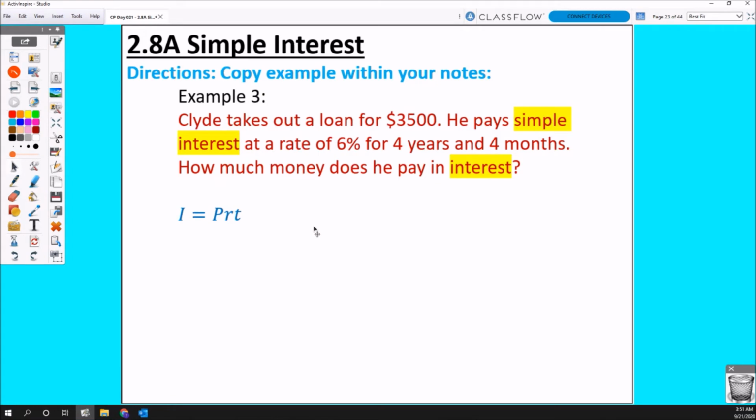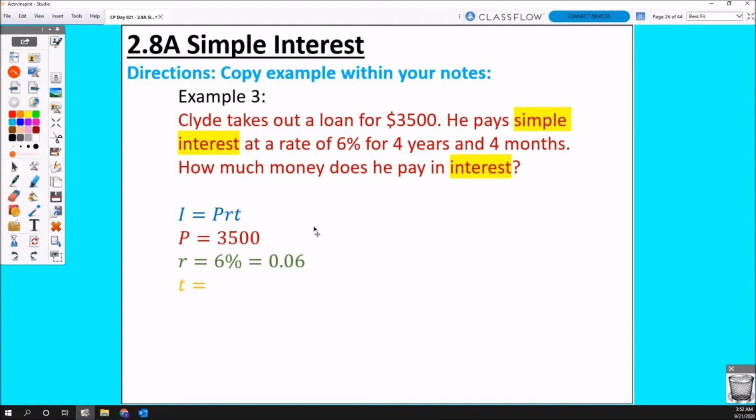Continuing with this example, we have to identify P, R, and T. So we know that the value of P is the original amount invested from the very beginning, which is 3,500. R is the annual interest rate. The percentage given in this problem was 6%. Once we identify that, just convert it into decimal form. So it's going to be 0.06.